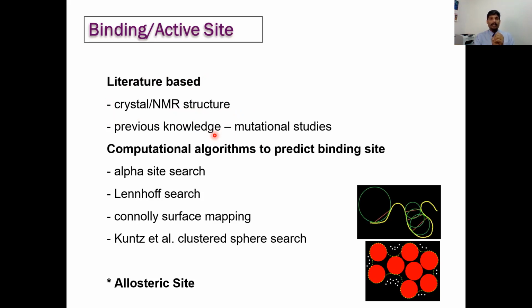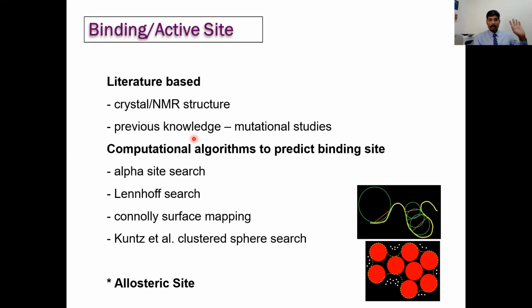So once we understand by mutational studies which mutation is leading to poor binding, we can predict what could be the active site, because that amino acid could be a part of the active site. So we can take that as a middle, and surroundingly we can make grids. That is not a definite active site, it is a possible active site we can locate. Okay, that is the literature based.